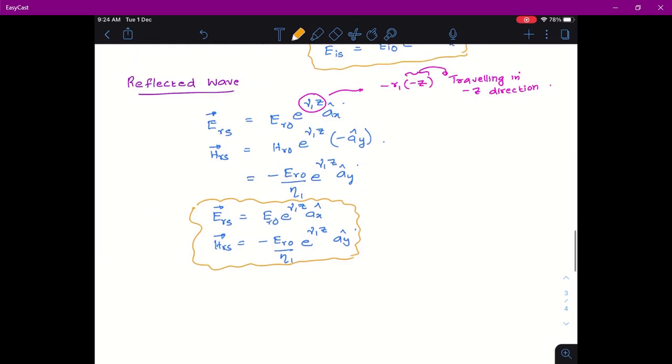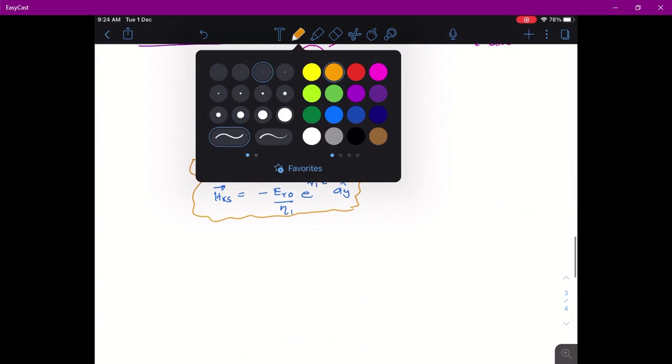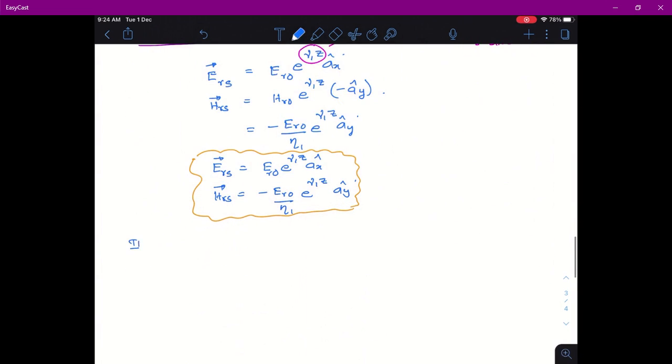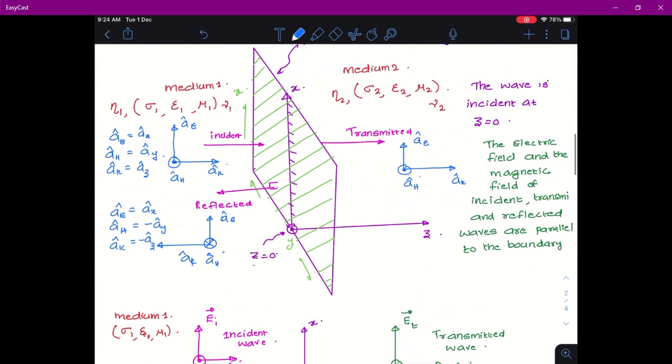Now, if you consider medium 1, that is the left hand side here, the total electric field is because of the incident wave and the reflected wave.